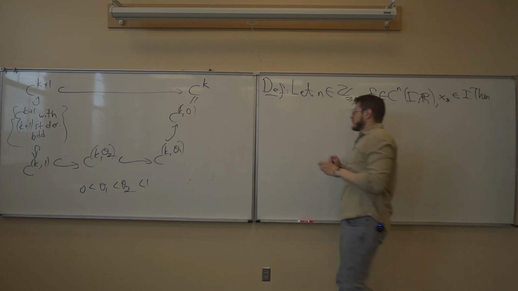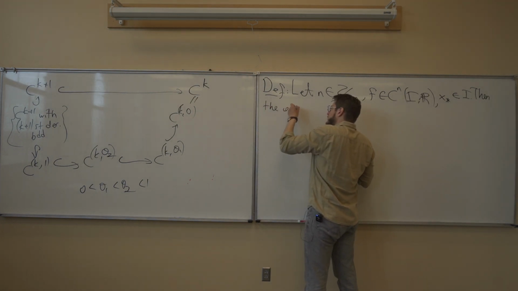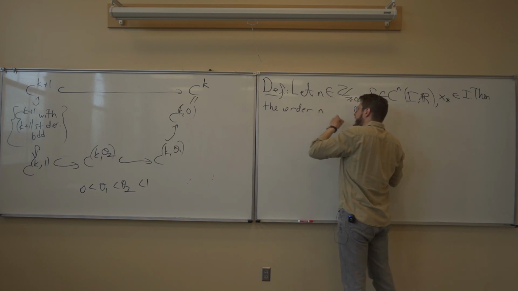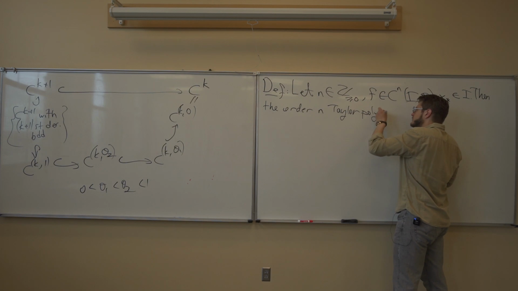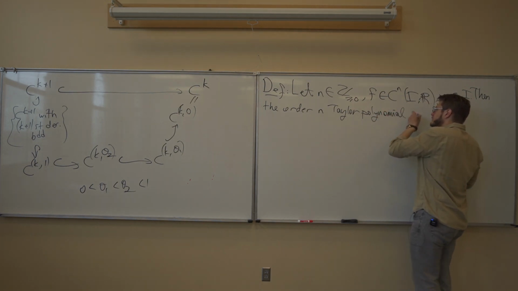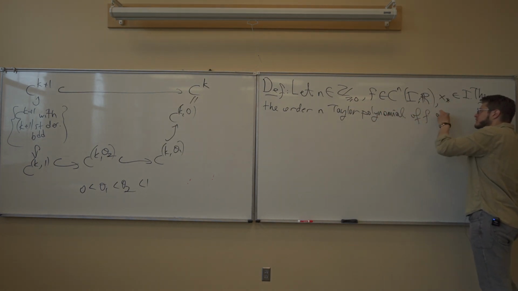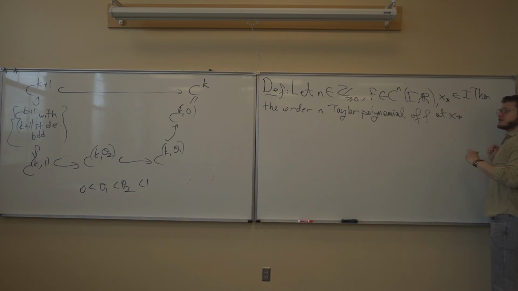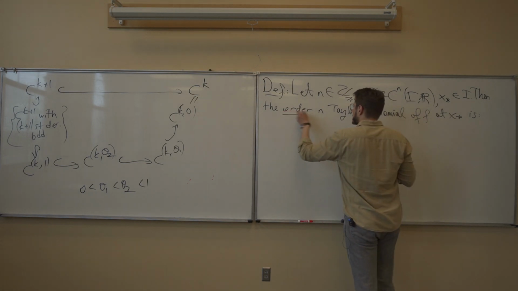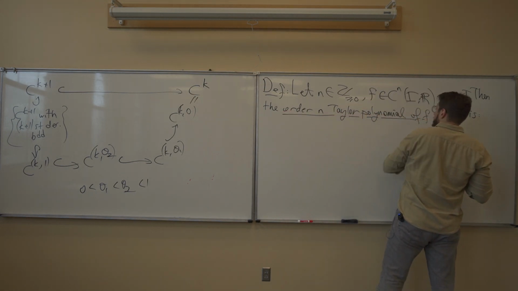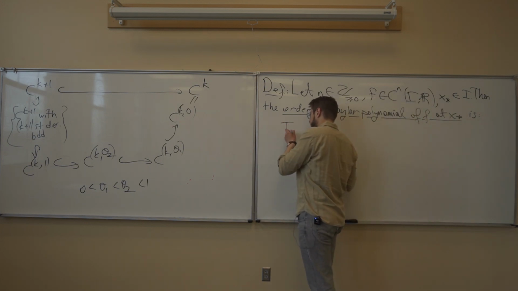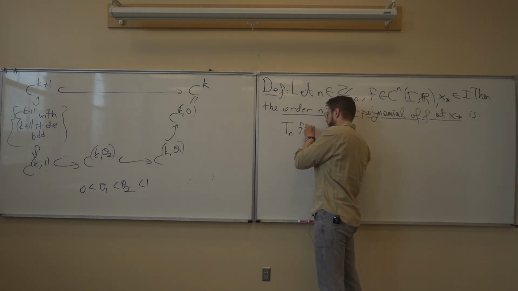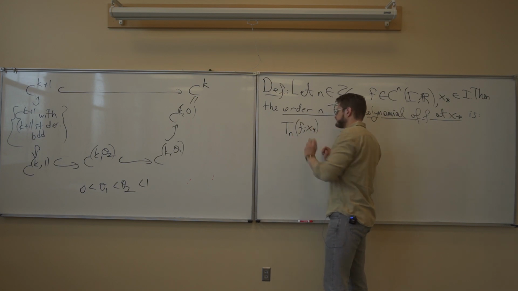Then the order n Taylor polynomial of f at x star is the following function. So this is my notation.